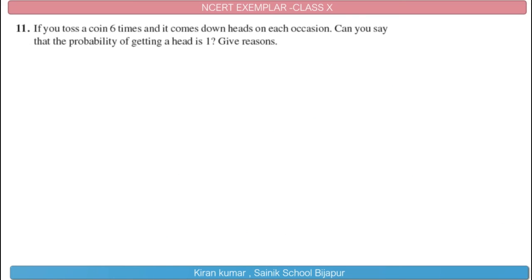Question number 11. If you toss a coin 6 times, it comes down heads on each occasion. Can you say that the probability of getting head is 1? Give reason.